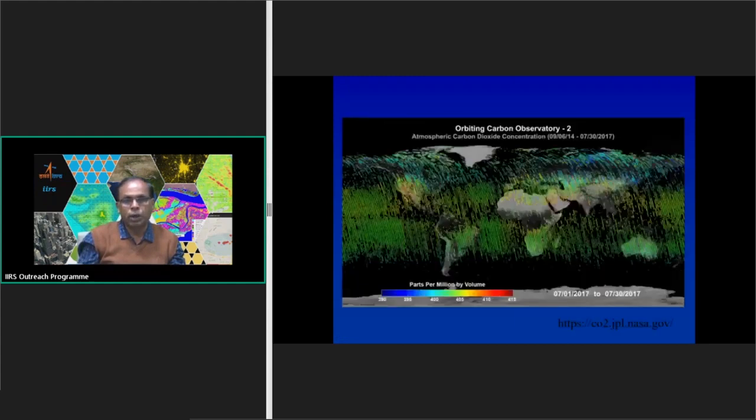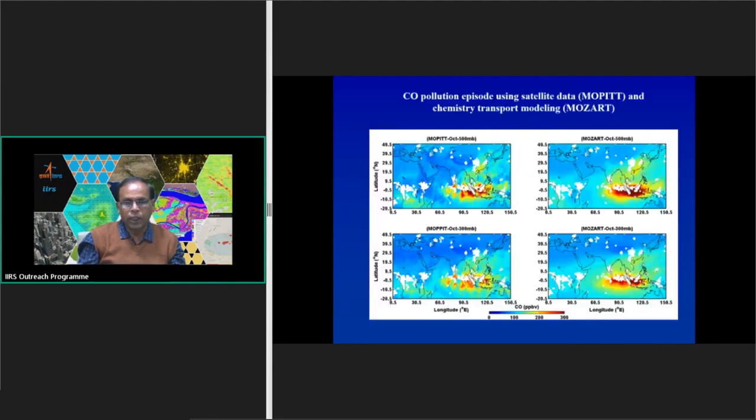And the same Orbiting Carbon Observatory images. And another is MOPITT to monitor the pollution in the troposphere. And another, a chemistry transport model, the comparison shows you the carbon monoxide concentration.